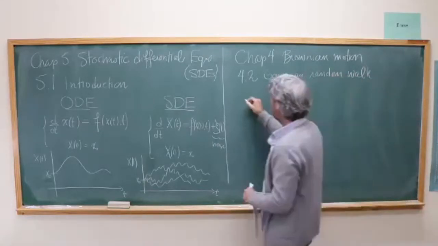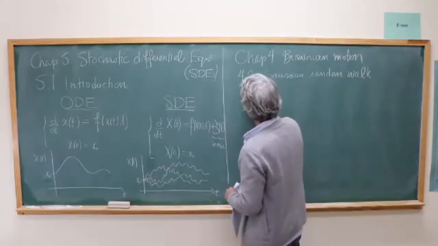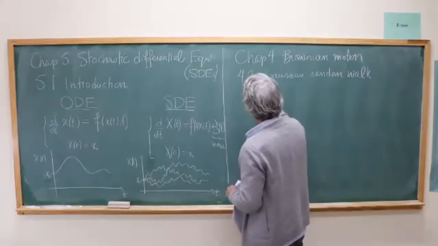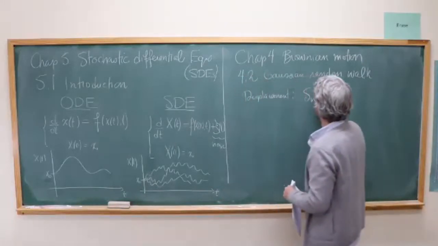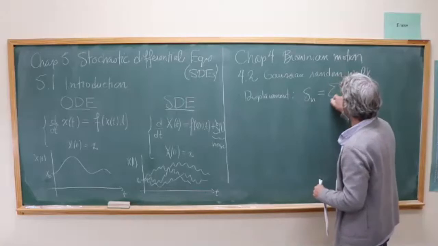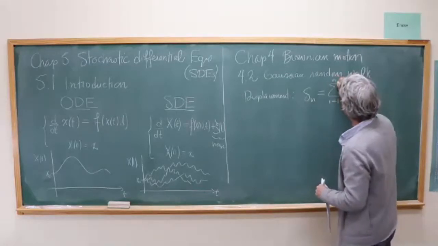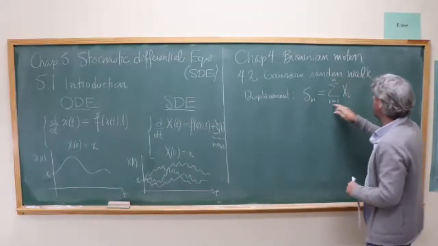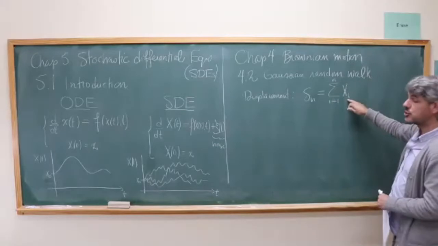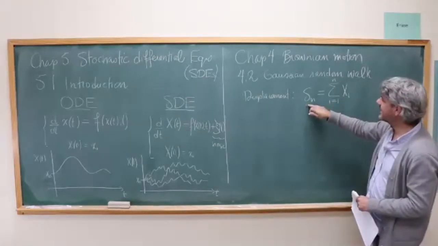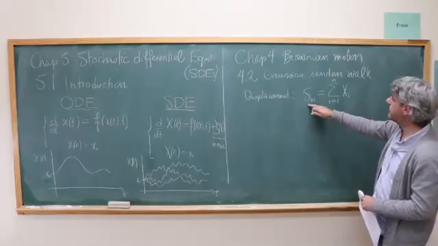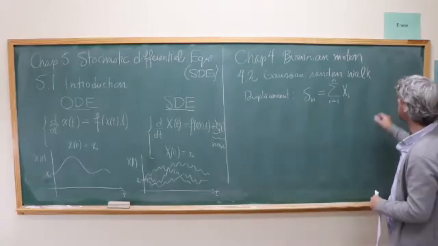The Gaussian random walk is a displacement random variable that is defined as a sum of displacements. So I have n jumps, and the total distance that I have after these n jumps is denoted by Sn. So Sn is the distance after n jumps, it's the displacement.